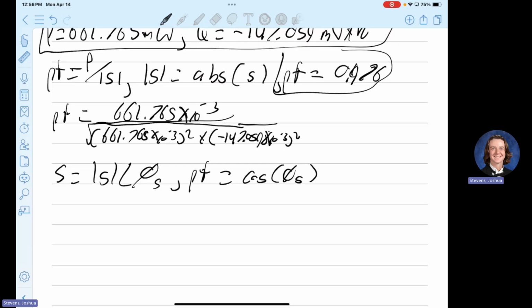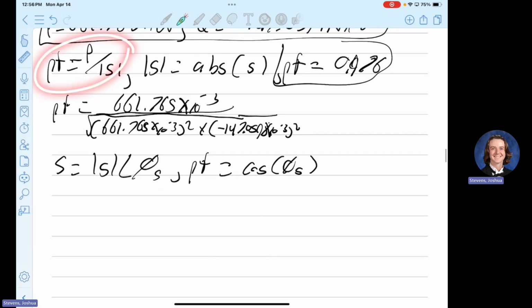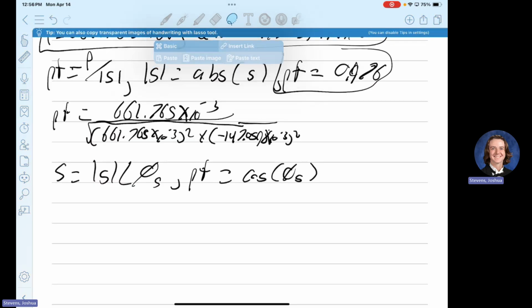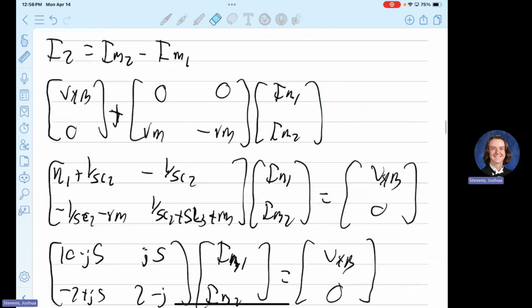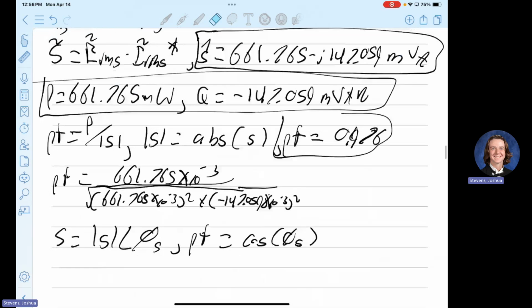You could do the same equation in this form. Does that make sense? That is part A, I think. I found everything. We're good.